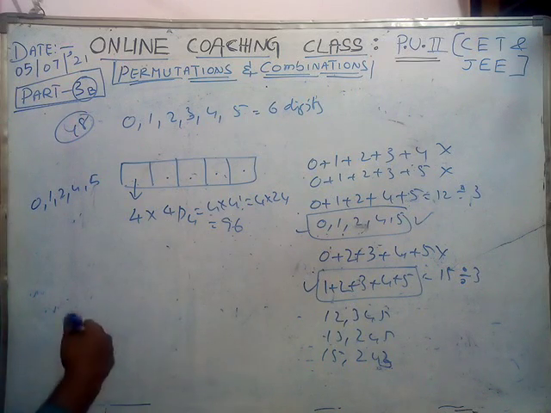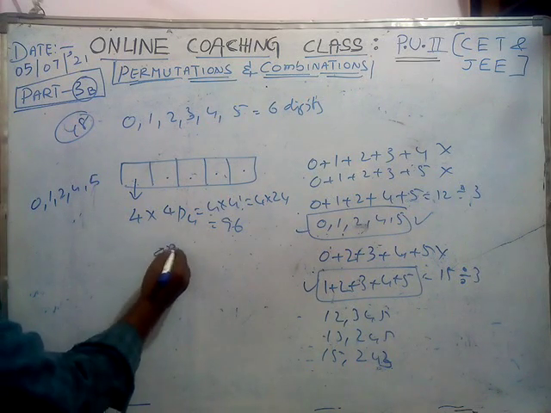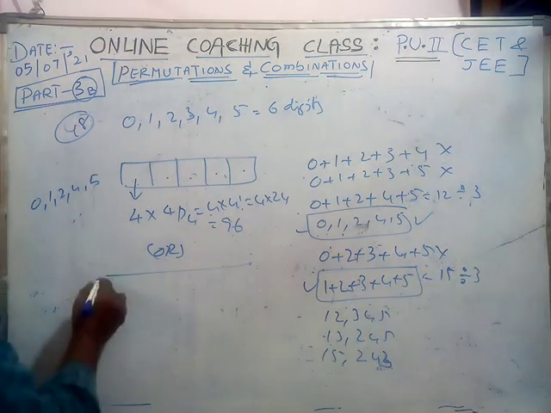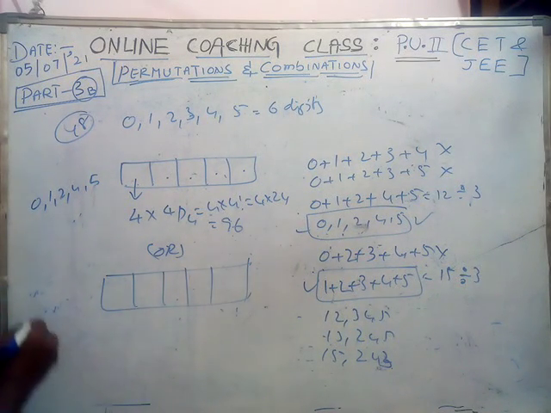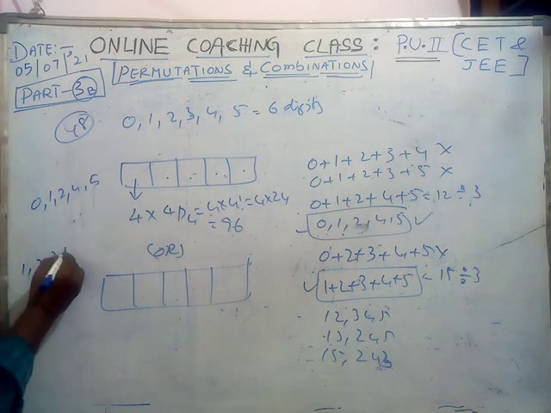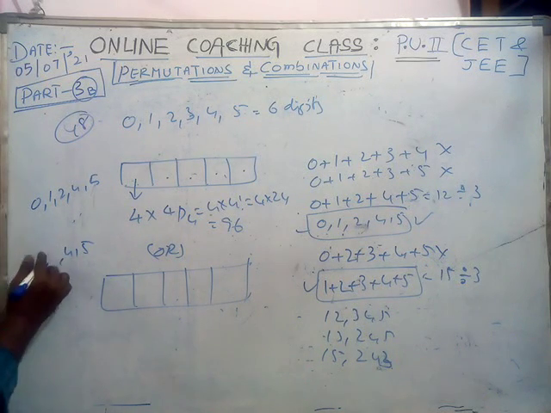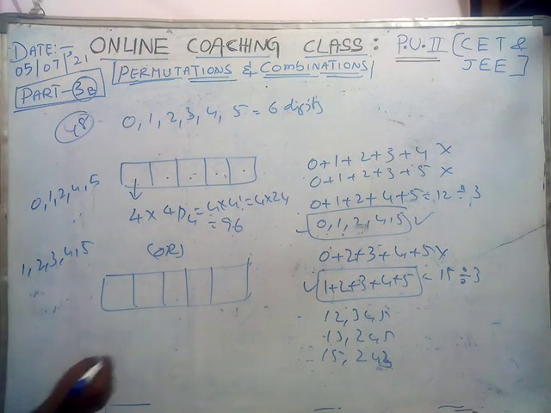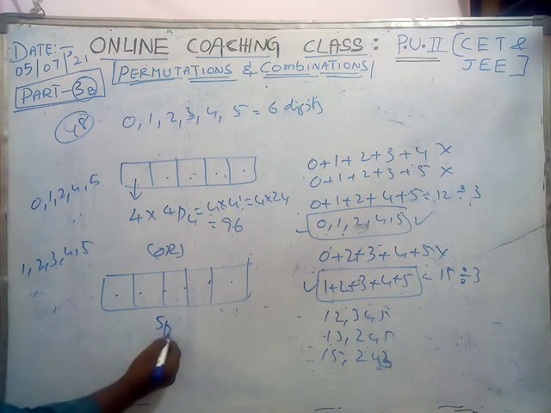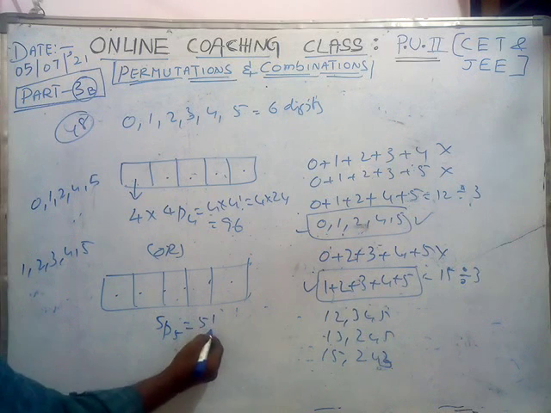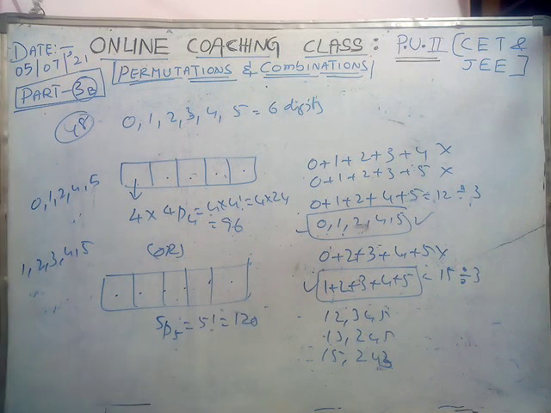And another way: otherwise, we may select 1, 2, 3, 4, 5. Here 5 boxes are there and 5 digits are there. Very simple, 5P5, 5 factorial, is 120.